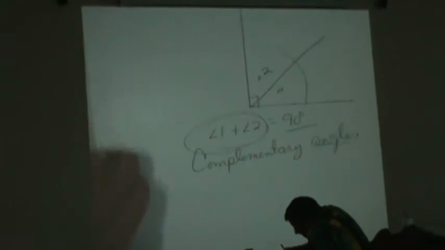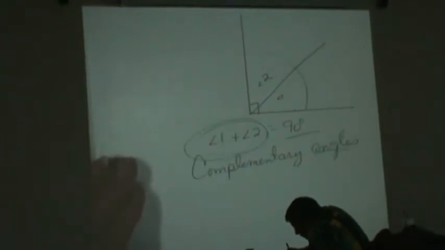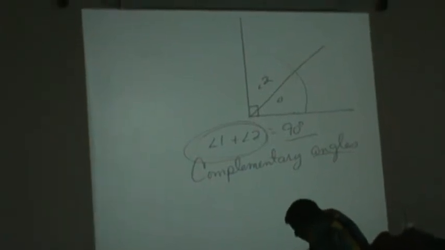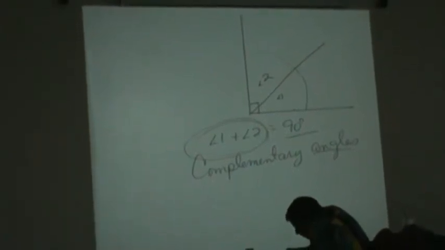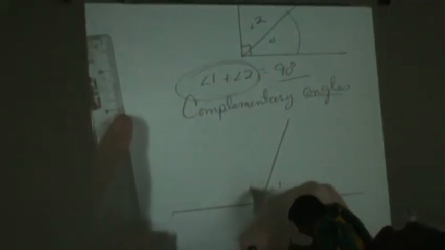So you could even have 3 angles that add up to 90. I think, let me see, wait a minute, complementary. No, it's only got to be 2, sorry. It's got to be 2 angles that add up to 90 to be complements. Okay, let's do a straight line here. And we'll put 2 angles here, angle 1 and angle 2.